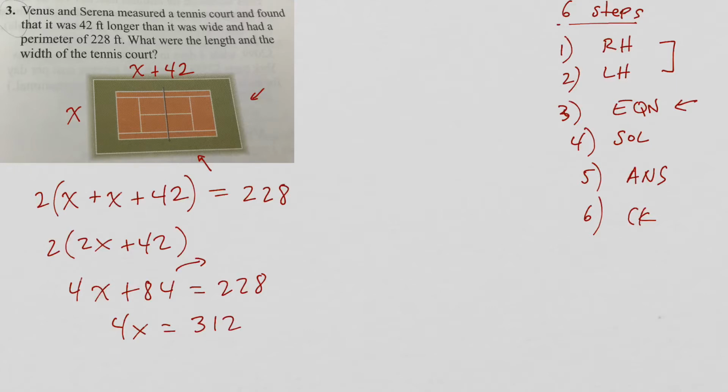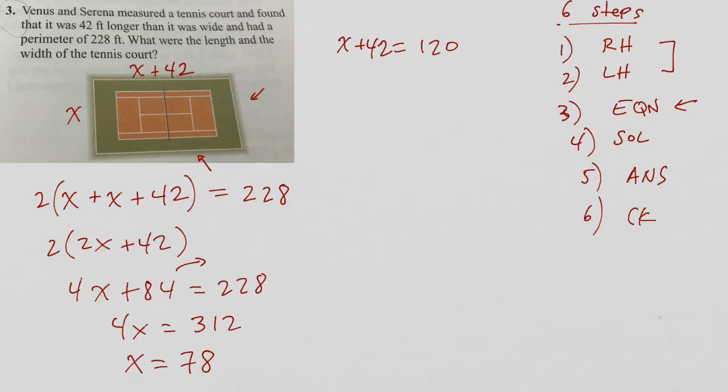And x is going to be, well, 4 goes into 31 7 times with 3 left over, so x equals 78. That's only part of the solution. I also need x plus 42. And that's going to be 42 plus that is 80 plus 40 is 120.